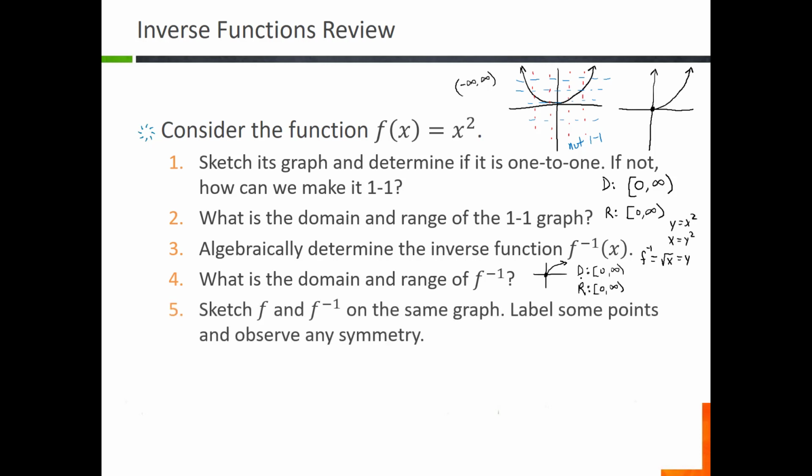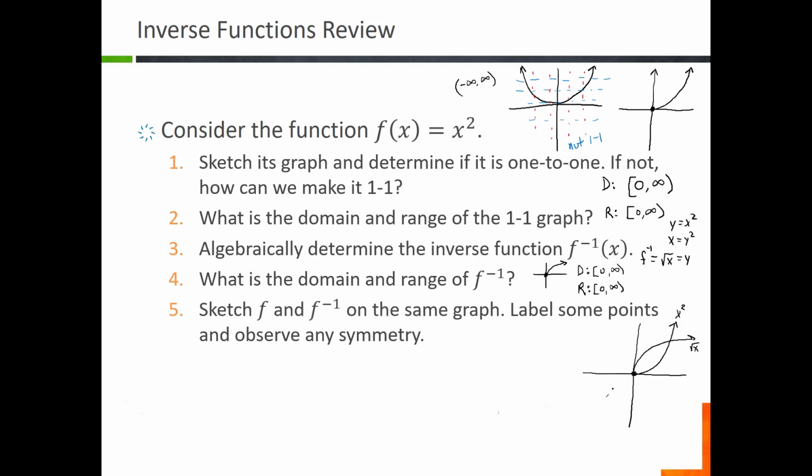All right, so could we sketch the function and its inverse on the same graph? Our parabola goes to the right and up. So this is x squared, and if we do the inverse, it goes up and to the right, so that's the square root.